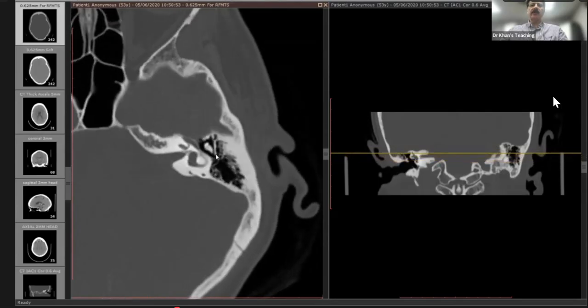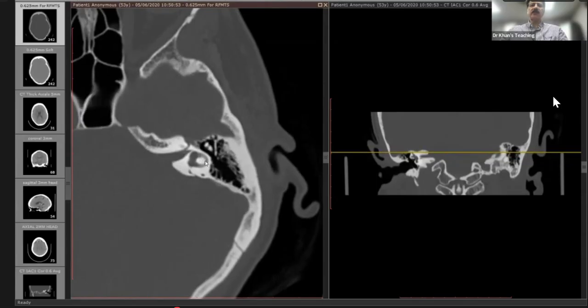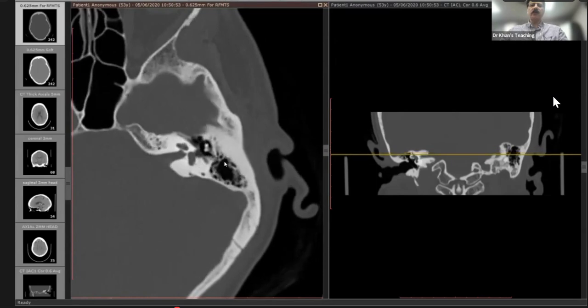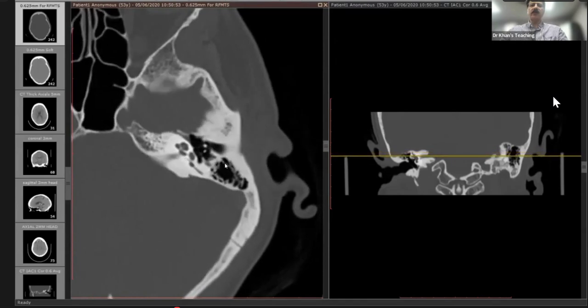On the other hand, on the axial slice, we can see that this lateral semicircular canal is projecting here. As we go inferiorly, I'm going into the level of the mesotympanum. And here you can see the pyramidal eminence has come into play. You can see the scutum, correction, the stapes here.